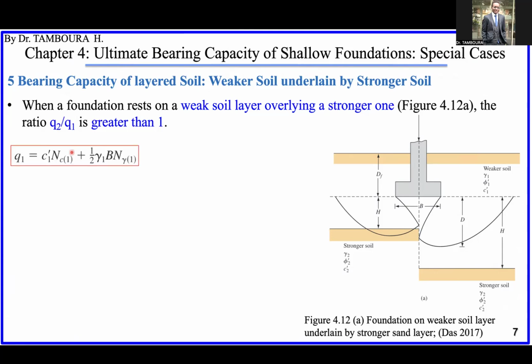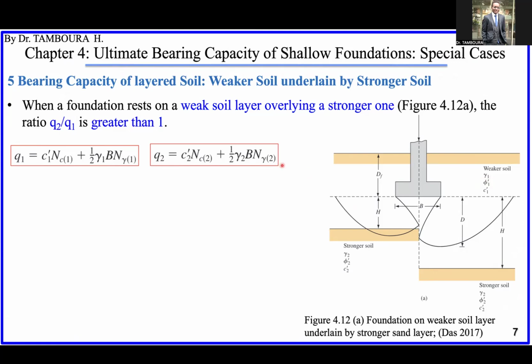So q1 is this. In the previous video, please go back and check, it's the same equation. And q2 is this one. As you can see, q1 uses the soil parameters of the upper layer: gamma 1, c1, phi 1, and Nc and N gamma are obtained from phi 1.